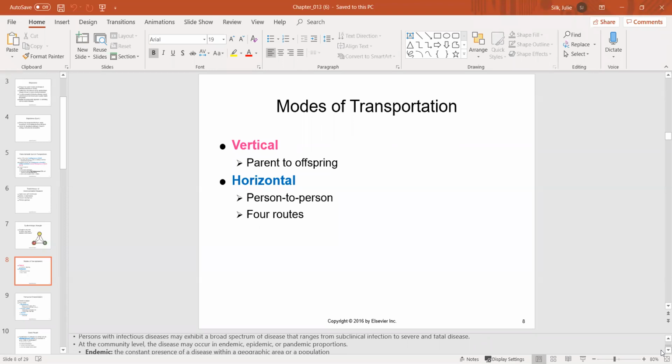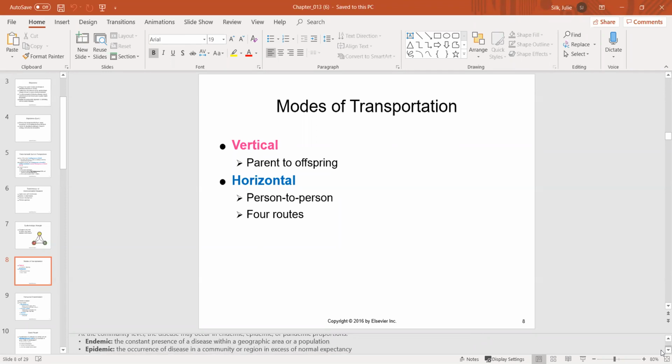So let's talk about the difference between those. Endemic. This is the constant presence of a disease within a geographical area or a population. Epidemic. This is the occurrence of disease in a community or region in excess of normal expectancy.